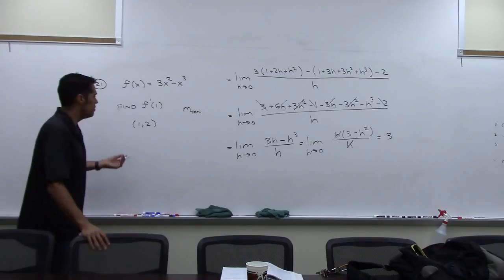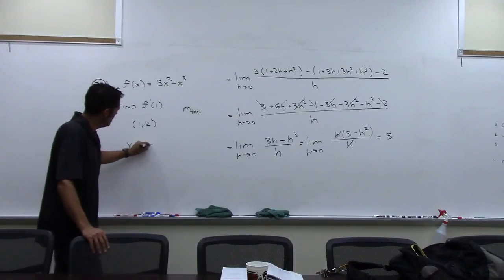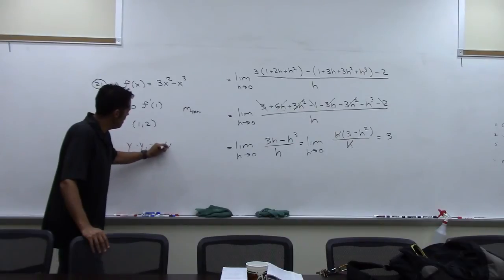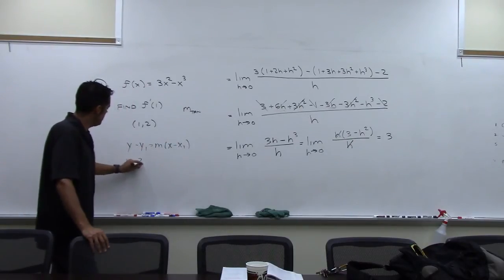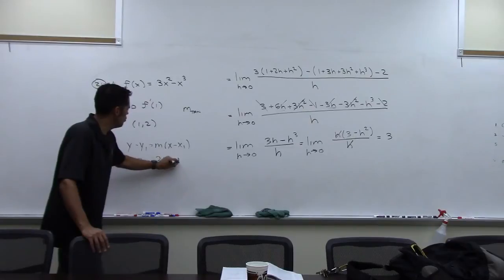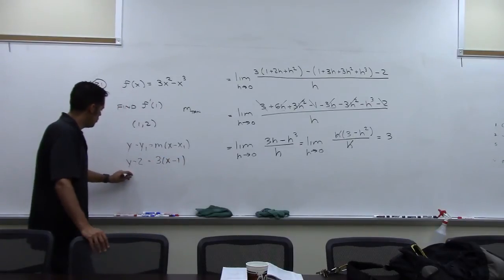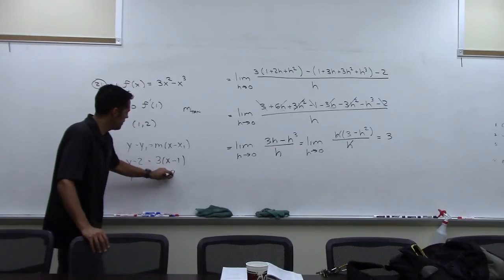So now to come up with the equation of the tangent line, I use y minus y1 equals m times x minus x1. So y minus 2 equals m, which is 3, times x minus 1. And then y minus 2 equals 3x minus 3.